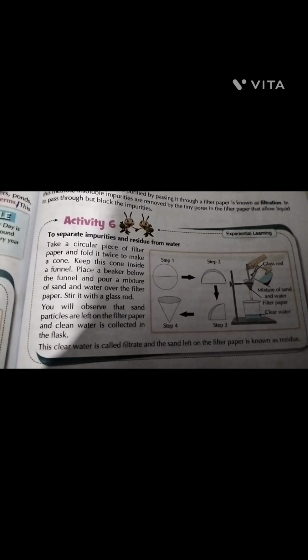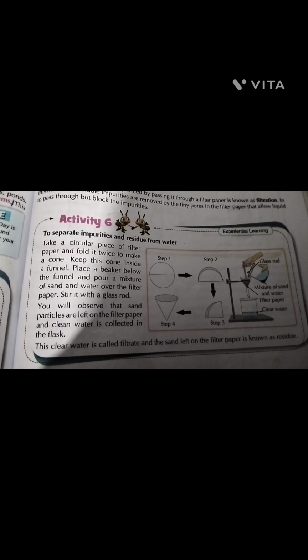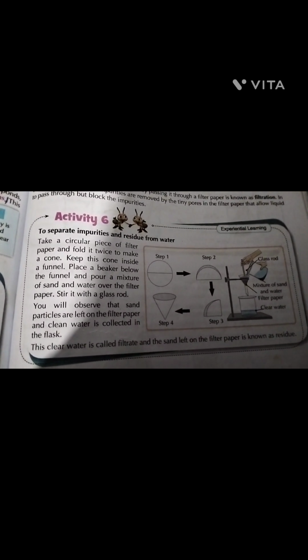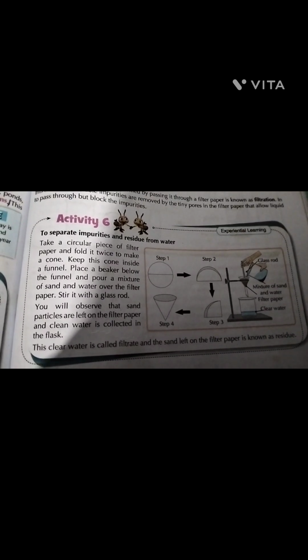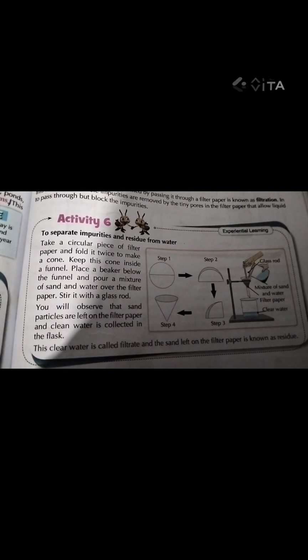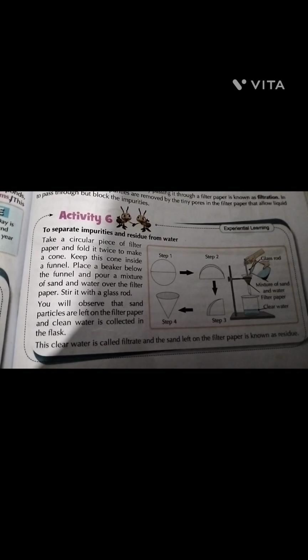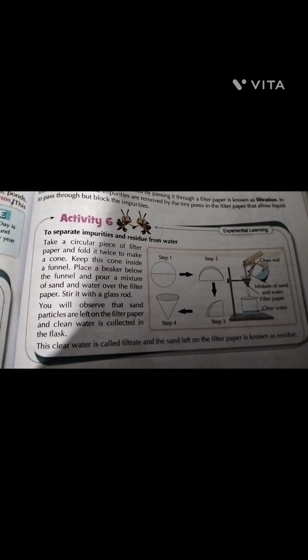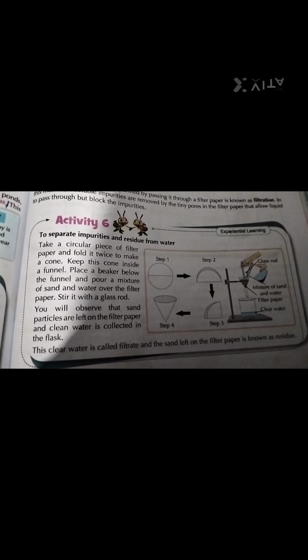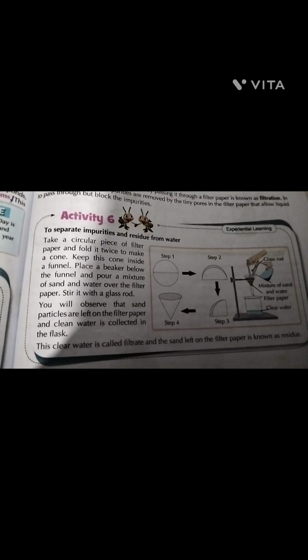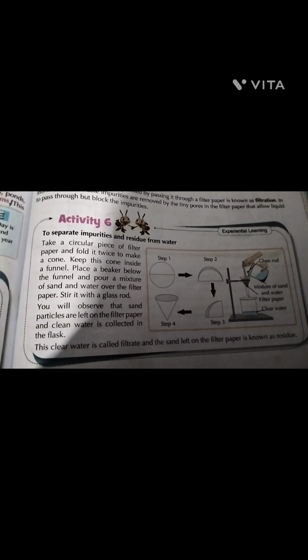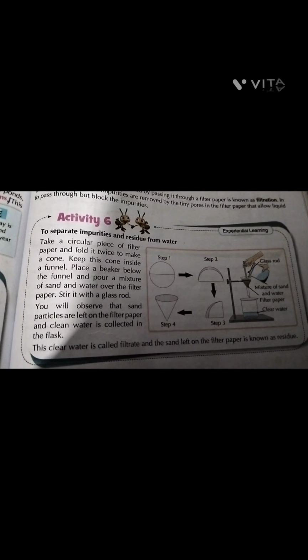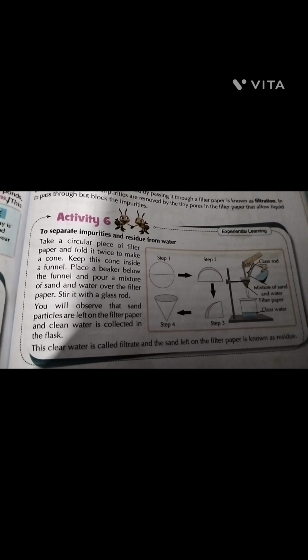Activity 6: to separate impurities from water. Take a circular piece of filter paper and fold it twice to make a cone. Keep this cone inside a funnel. Place a beaker below the funnel and pour a mixture of sand and water over the filter paper. Stir it with a glass rod.